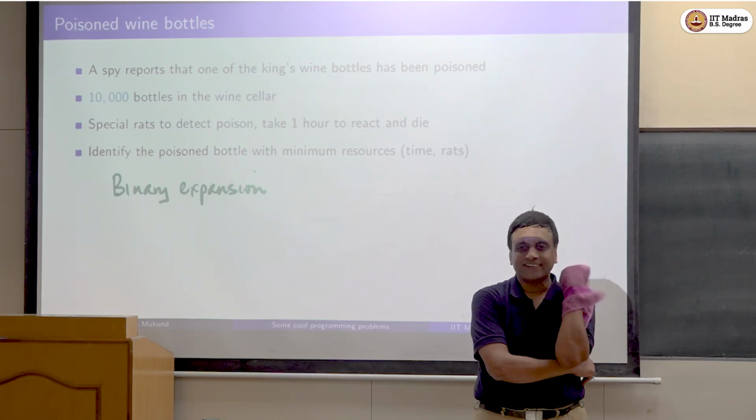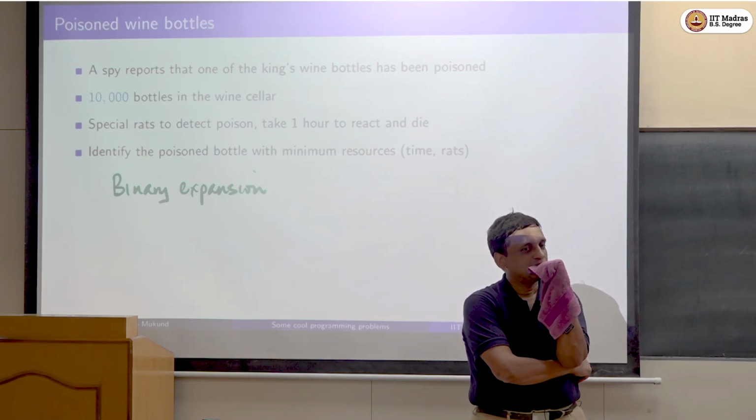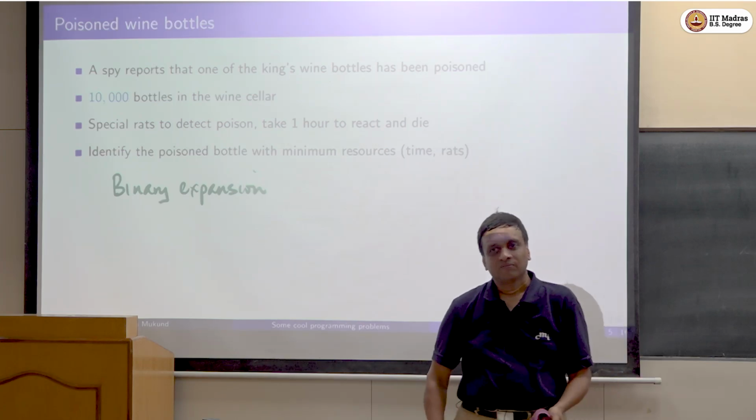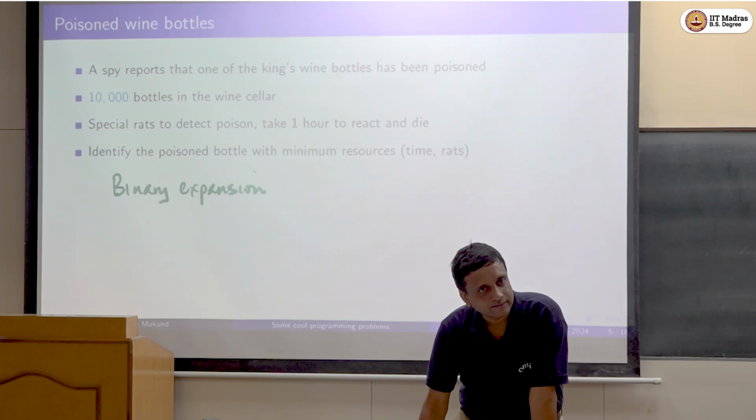Is each rat a binary string? Yeah, so each rat is a digit, is a bit, right?